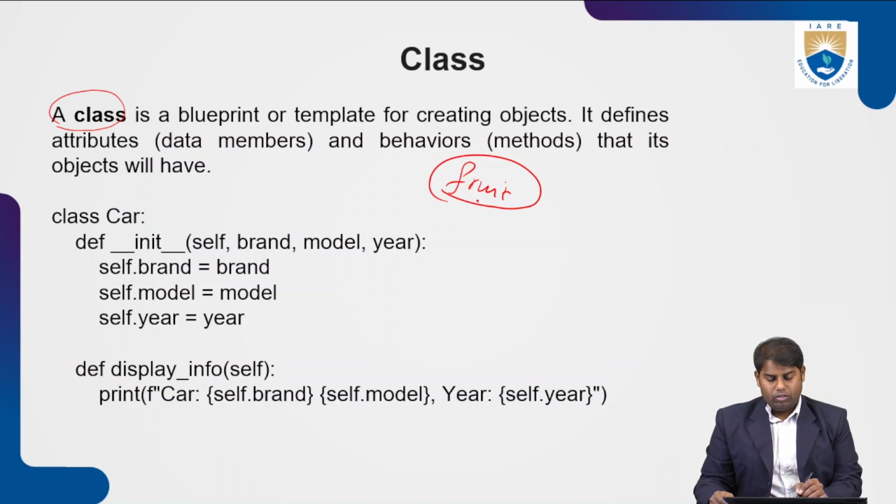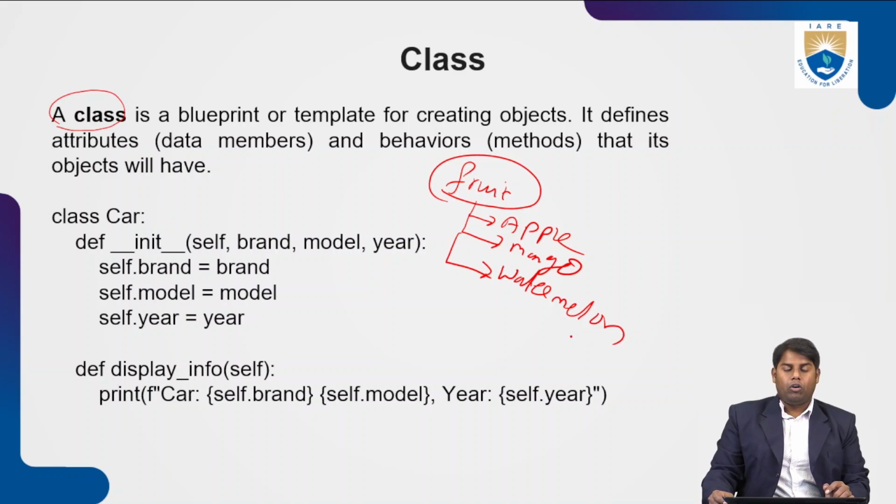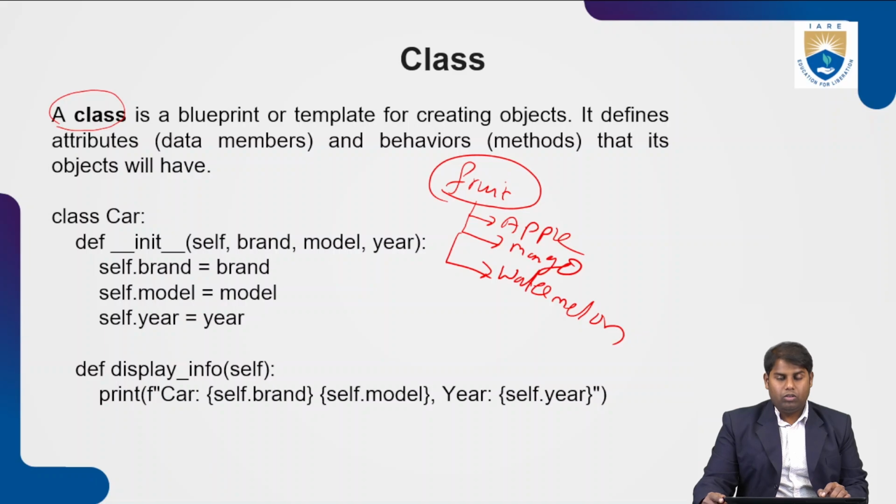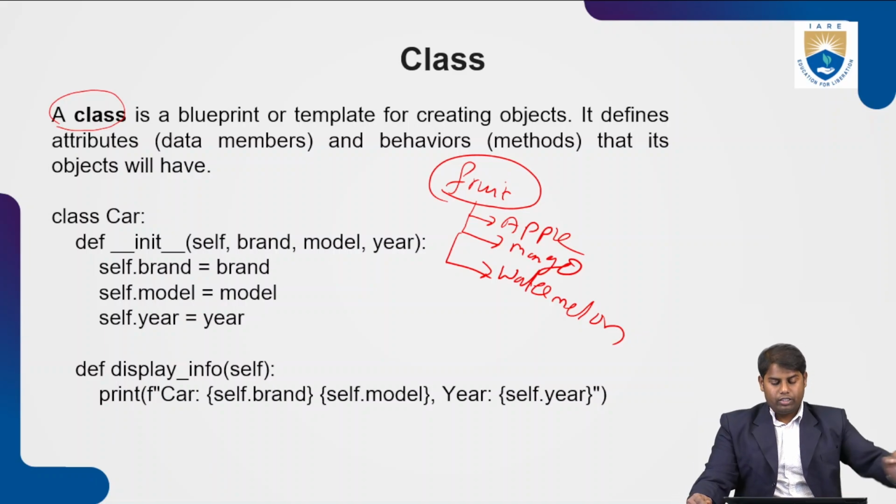Under this, we have, let's say, apple, which is an object. Next we have mango, and next watermelon. These are different objects. Under the class, there are different objects, or a collection of objects.